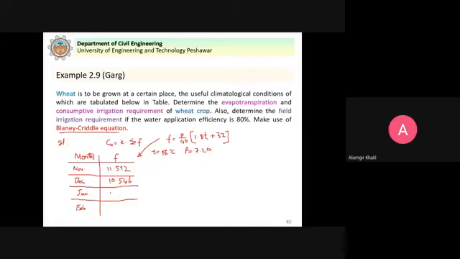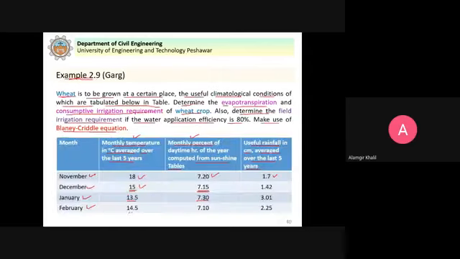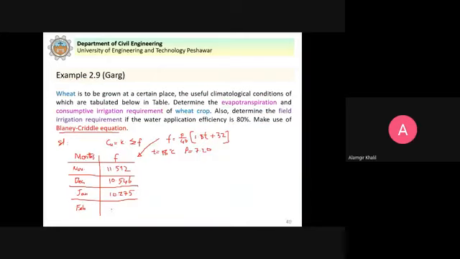So this is 10.275. And finally, we have the temperature 14.5 and the P value 7.1. So F comes out to be 10.313.